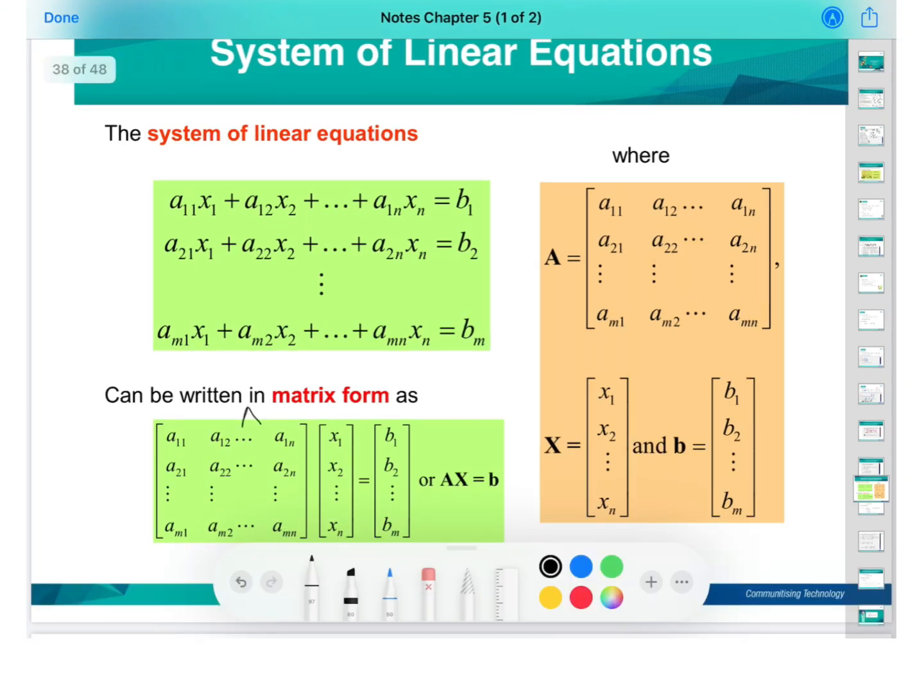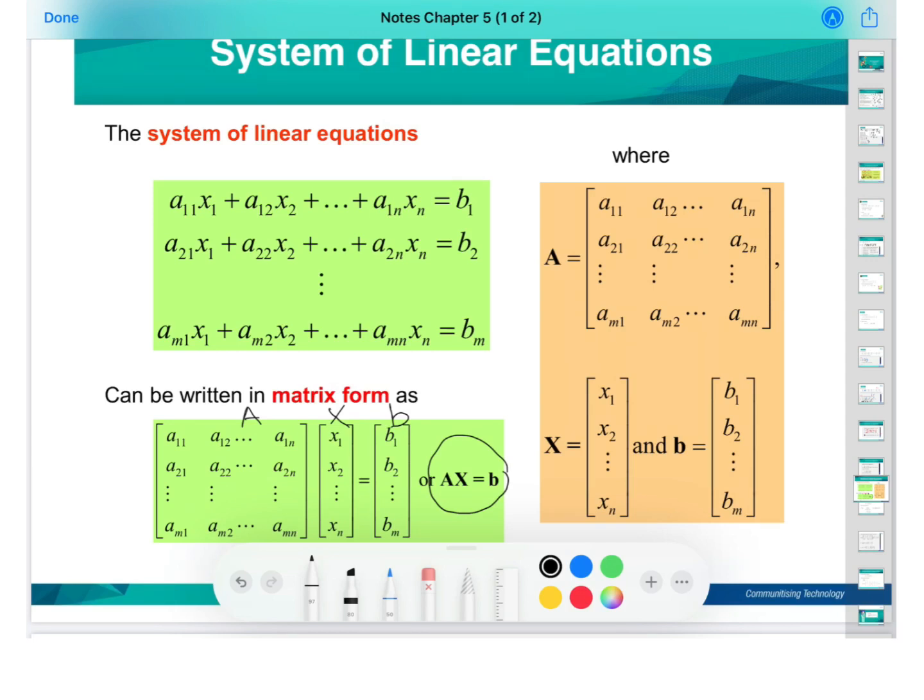So this is matrix A, this is matrix X, or x1, x2 until xn, and this is matrix B, your b1, b2 until bm. So you have AX equals B, written in matrix form.